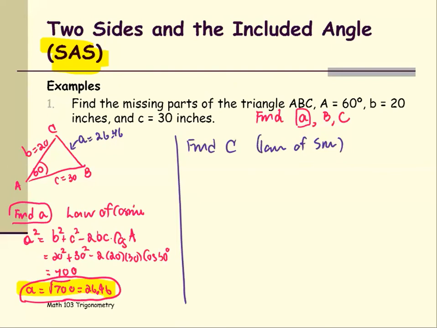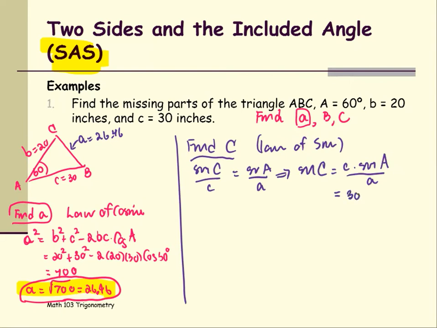At this point, we know side C, we know side A, and angle A. We set it up as sine of angle C over side C equals sine of angle A over side A. Or we can say sine of angle C equals C times sine A divided by side A, which is 30 multiplied by sine of 60 degrees divided by 26.46.